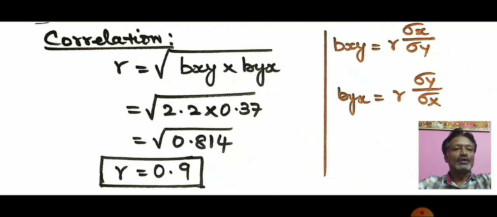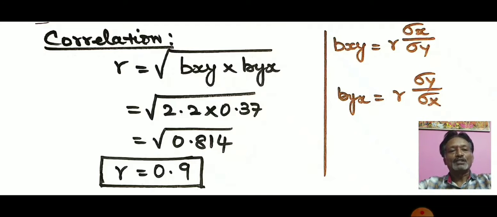Now we substitute these two values in the formula to estimate the correlation value. So R equal to the square root of bxy into byx, that is the square root of 2.2 into 0.37.